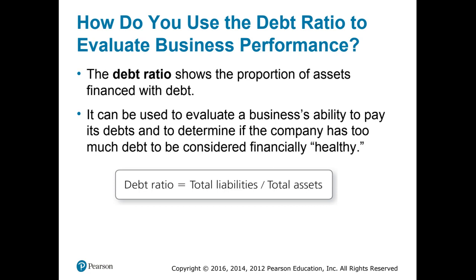It can be used to evaluate a business's ability to pay its debts and to determine if the company has too much debt to be considered financially healthy. So the formula to find your debt ratio is to take your total liabilities divided by your total assets. And again, this helps to show the proportion of assets that are financed with debt.